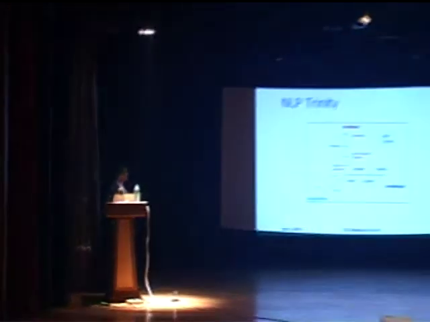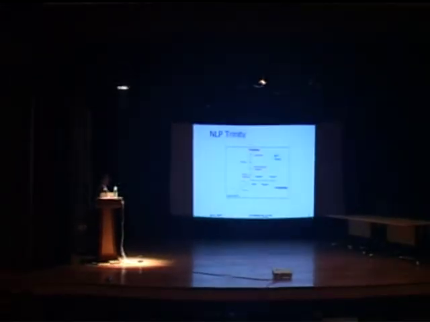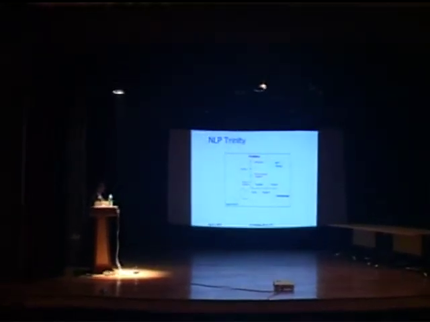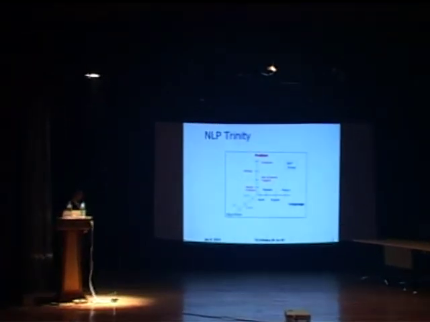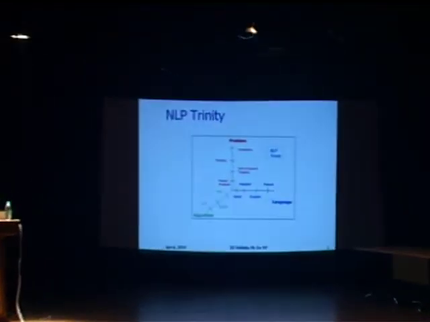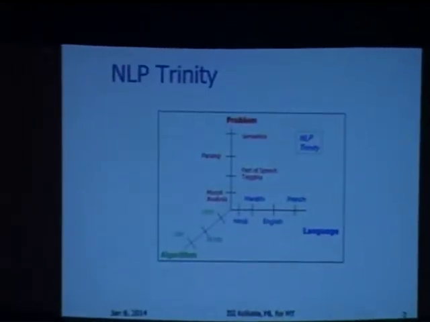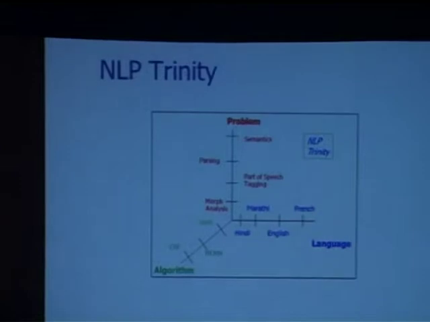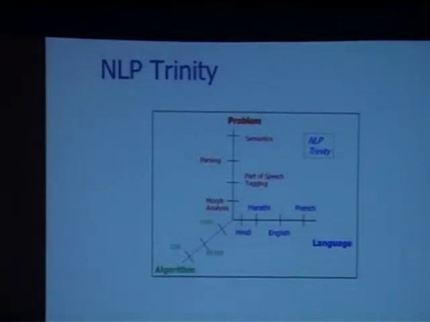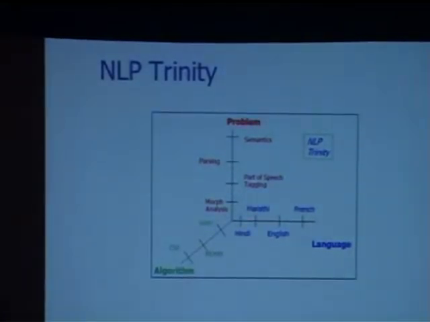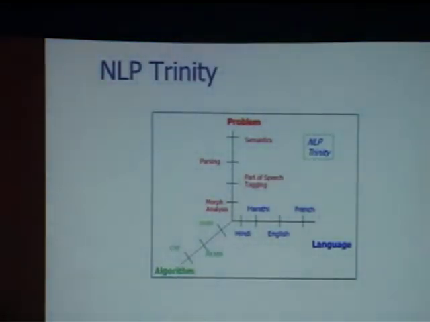Then there are problems involving text and language which need to be solved. So problems like morphological analysis, part of speech tagging, parsing, semantics, and so on. And they are all very important challenging problems of computational linguistics. The third dimension is the algorithm dimension, which is why computer science is interested in this kind of problems.